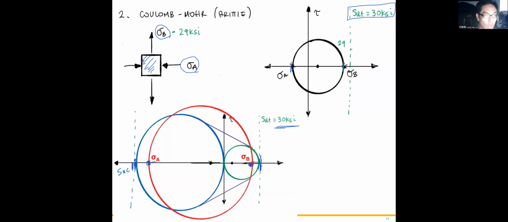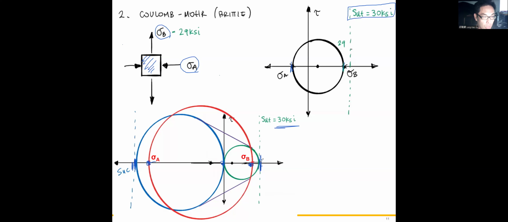If we know the material, we can just check its material property. So in this case, we can draw the Mohr circle with the ultimate tensile stress and the ultimate compressive stress. And if it's plane stress, that means the z direction equals 0 at this point.